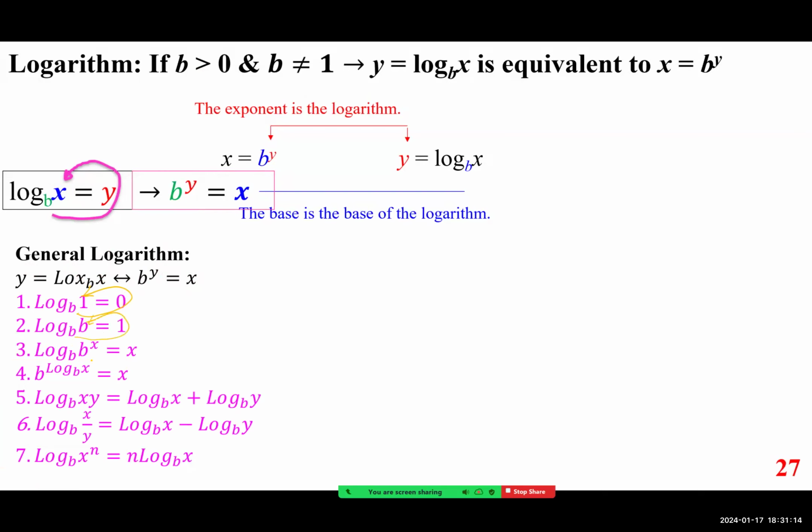B to the power of 1 is b. B to the power of log x base b is x. Now this one, we've proved it in previous courses. You can look at the proof in my notes also. These two together refer to the fact that logs and exponential functions are inverse functions. They undo each other.